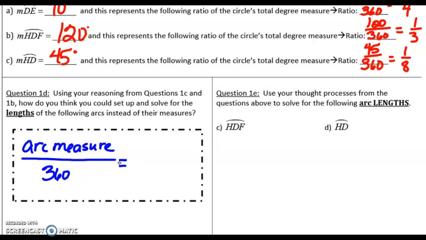That ratio will be equal to the arc length, which is a measurement in inches, centimeters, whatever we're talking about, over the whole circle. It's the degrees over the whole circle in degrees equal to the arc length, a measure in feet or inches or whatever, over the whole thing, which would be the circumference.